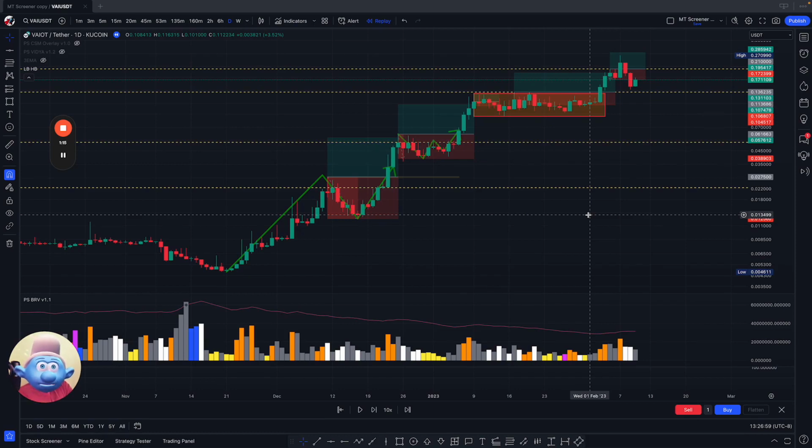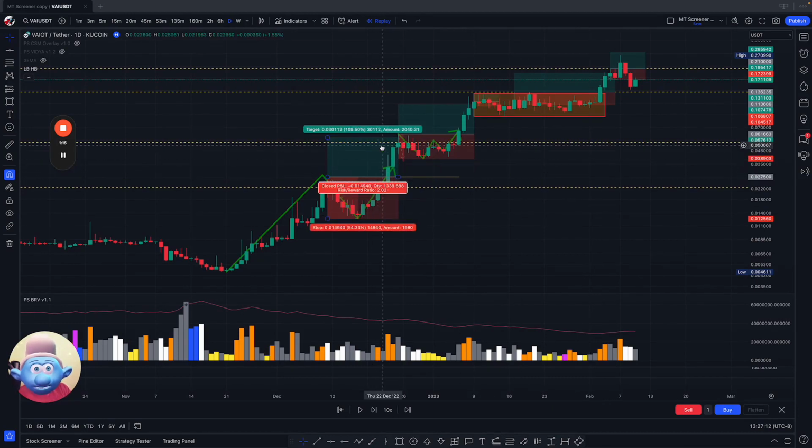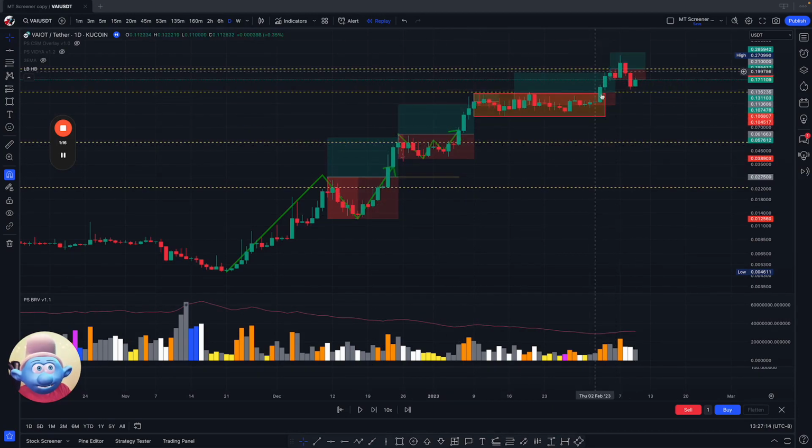When you have a combination of overwhelming buy activity and limited sell activity, you have these explosive movements because there's just no sell volume in the order books. And that's what we're really trying to identify.